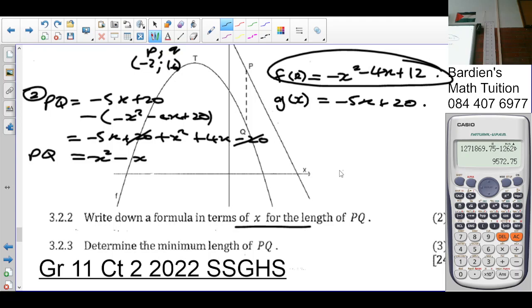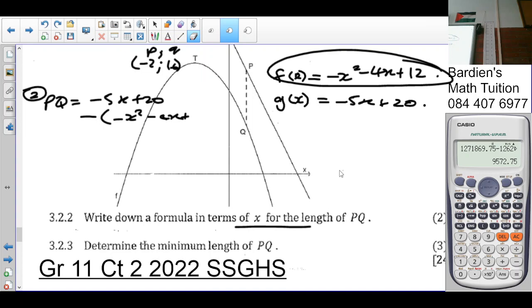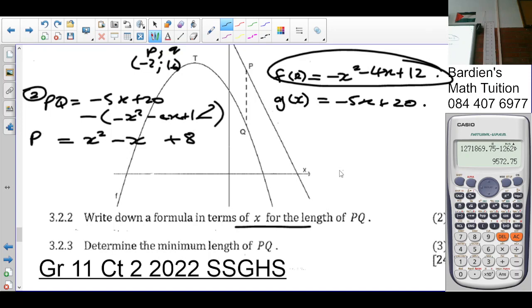Wait, why am I getting 20? It's actually 12. Plus 12. So that's going to give us x squared. That's going to give you positive 4x, so it's minus x. 20 minus 12 is 8. Is that correct? Yes. And I know that didn't feel right.